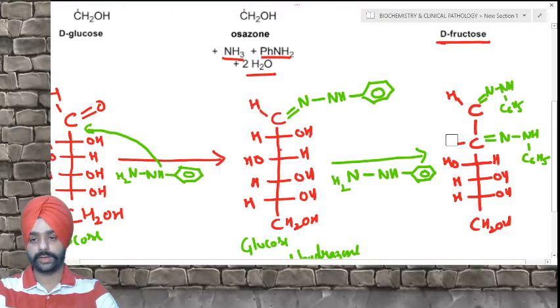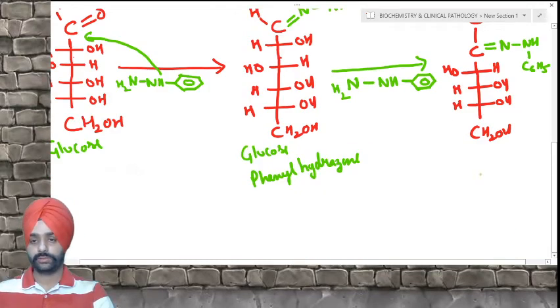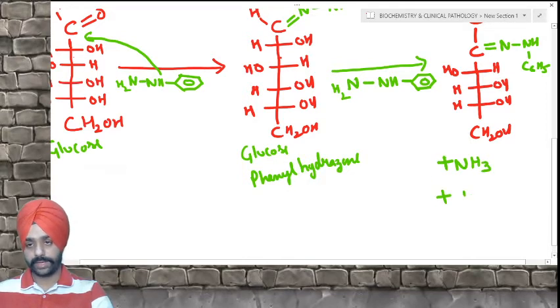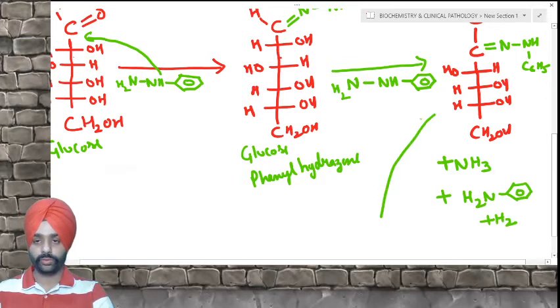It will not be present as carbon has a valency of only 4. Along with this, certain byproducts will be released, and these are ammonia plus aniline and water. So, what is this? This is glucosazone.